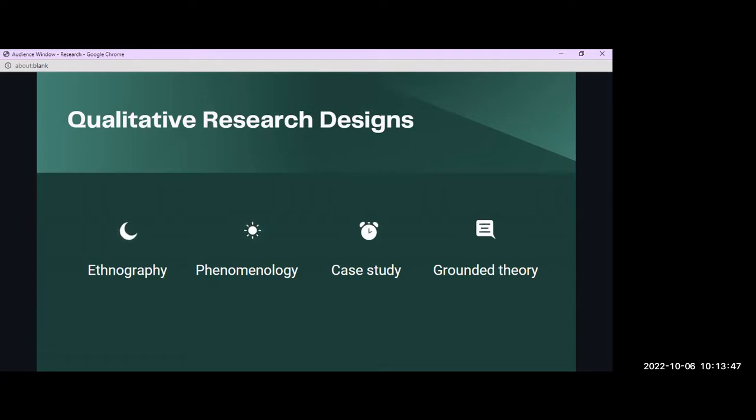So medyo mataas itong write-ups nitong case study because each case should be properly extracted, okay? And at the same time, you'll be conducting interviews, observations, and after understanding each case, you will have a cross-case analysis kung maraming participants having that kind of case also.